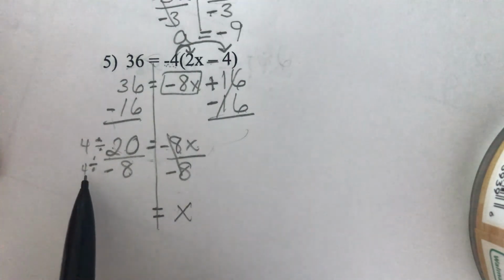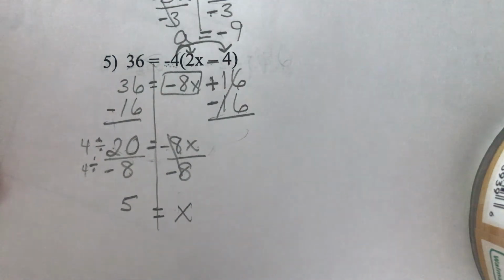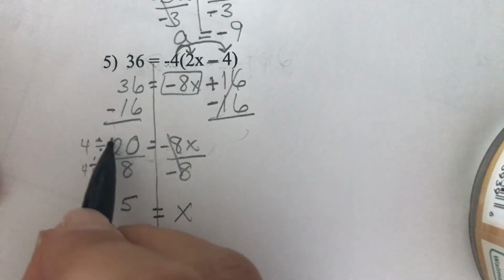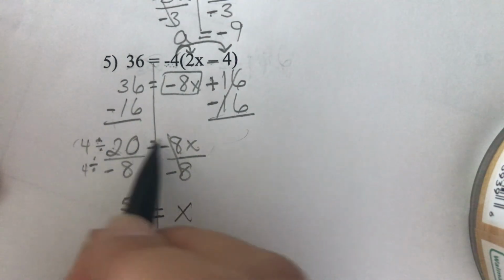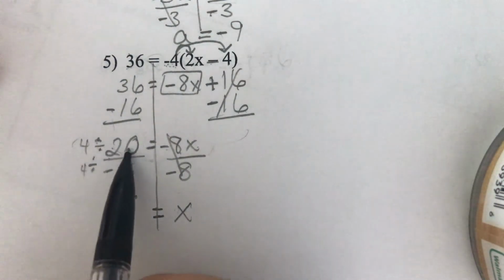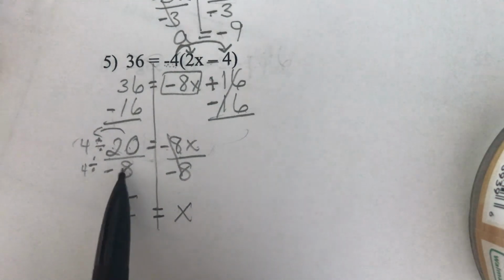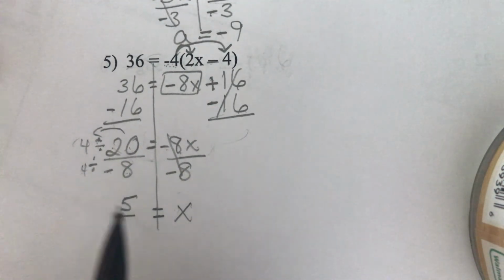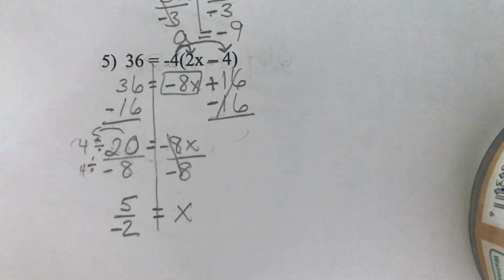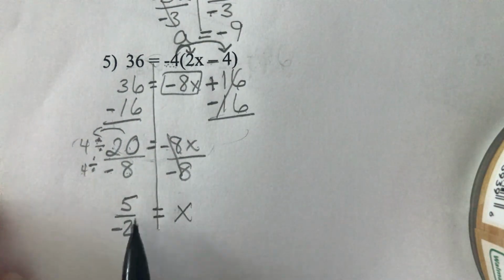Okay. And 4 goes into 8. So 20 divided by 4 is 5. I guess I'm thinking in my head going backwards because I don't have room over here, but I guess it looks backward. But 20 divided by 4 is 5. And -8 divided by 4 is -2. So we can have a -5/2.